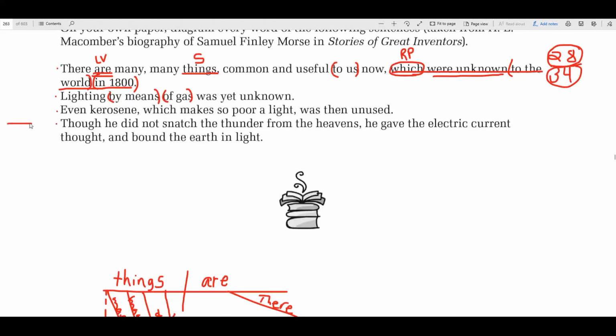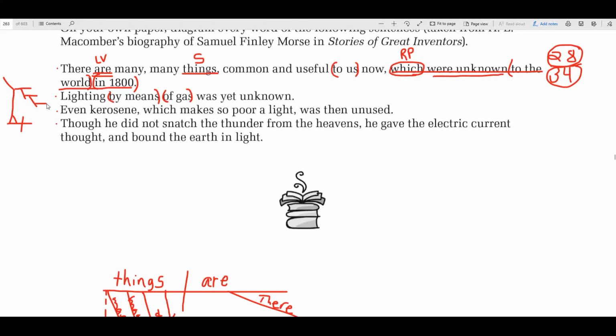Remember how you have the little thing like this, and it goes like you have the little stick man here. It goes whoop like that. And then you're going to have lighting. Then by means is a prepositional phrase that comes off of that, and of gas is a prepositional phrase that comes off of that.